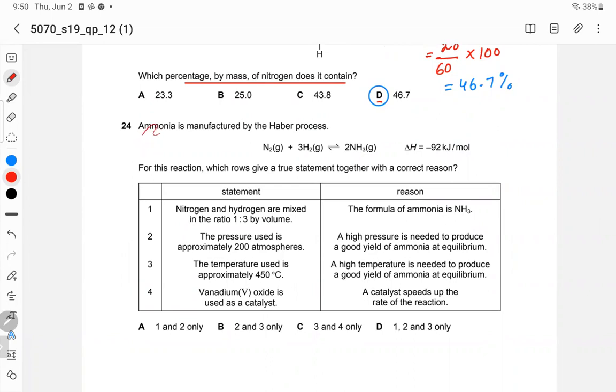Question number 24. Ammonia is manufactured by the Haber process, and here we have an equation.